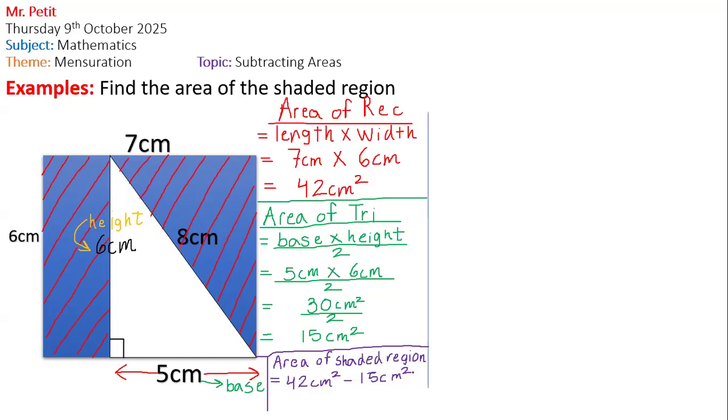Say it again. 27 centimeters squared. Very good. So the answer for this one is 27 centimeters squared. Can you all see the bottom there or no?